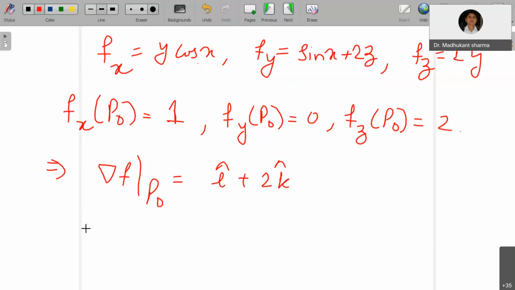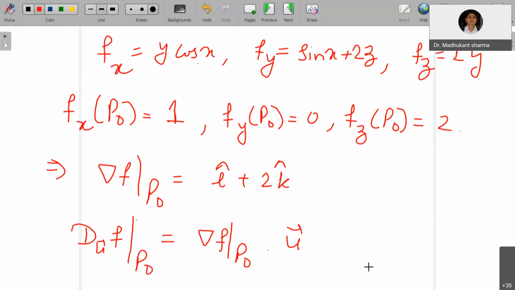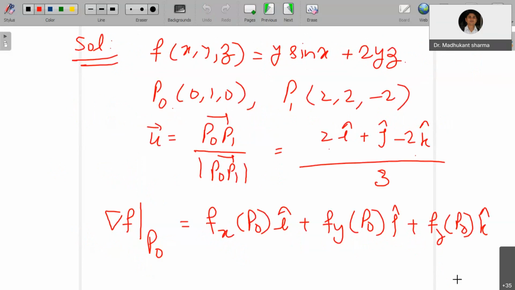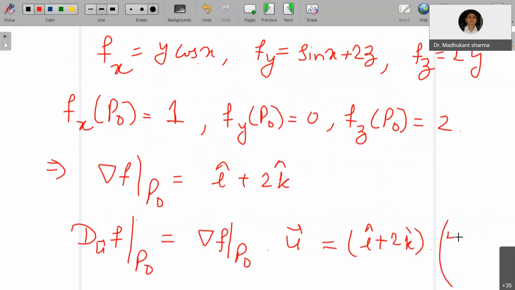Right? So what is Duf now at P naught? It is going to be grad f at P naught dot product with u. So grad f is i plus 2k, dot product with u, which is (2i plus j minus 2k) divided by 3.